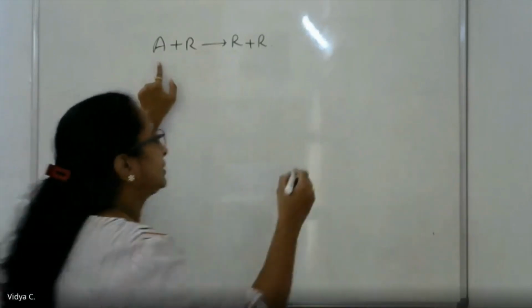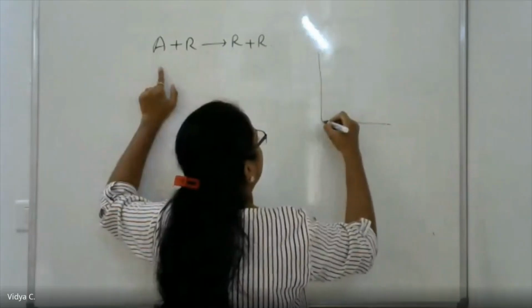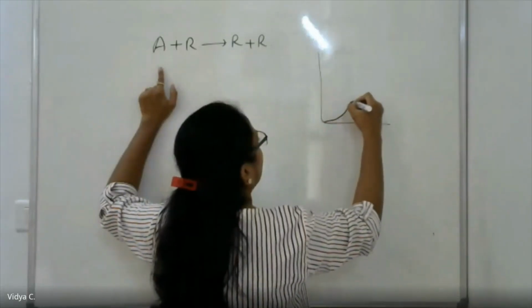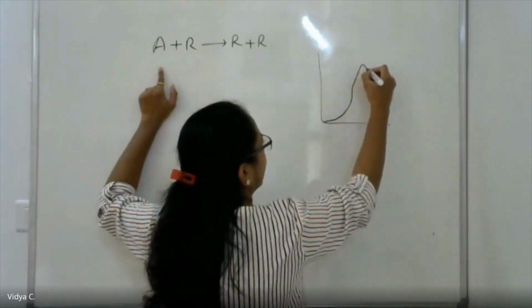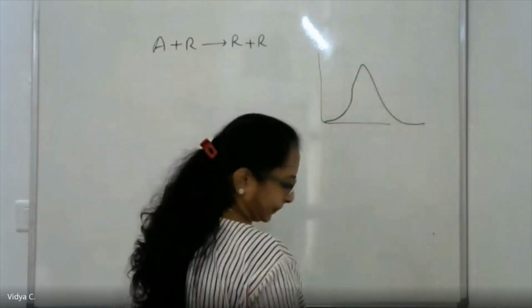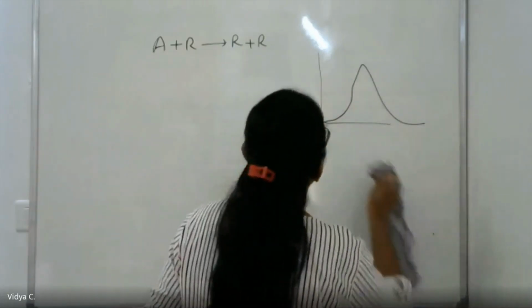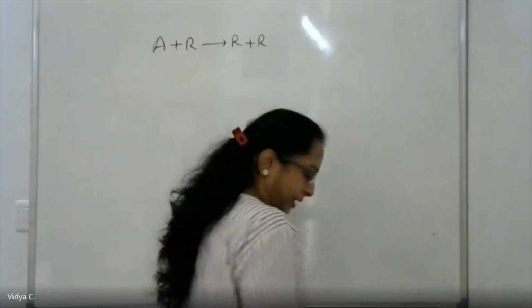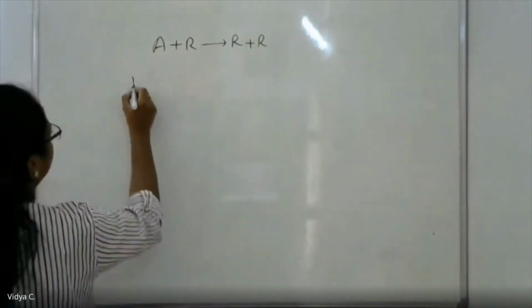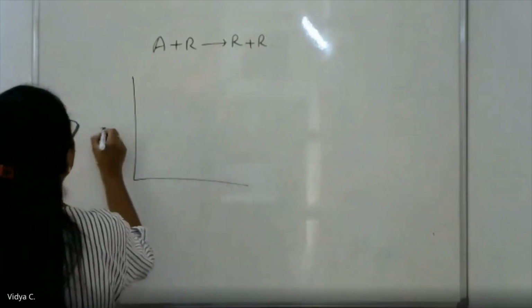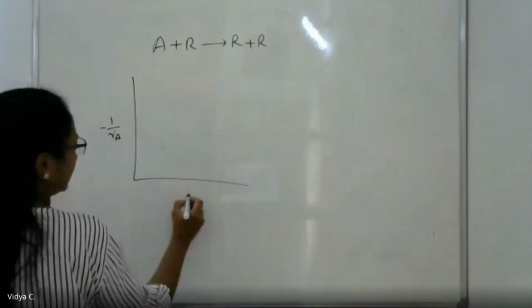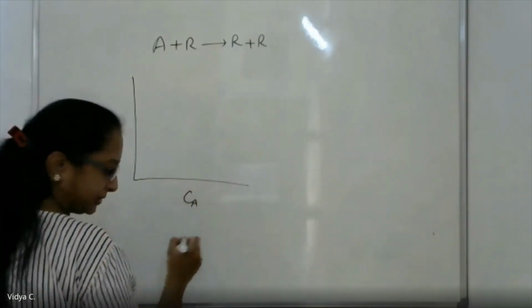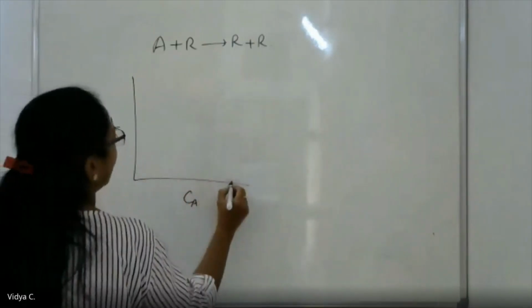So if you are plotting, initially it is very slow, and somewhere it reaches a maximum and suddenly drops down. If I try to show minus 1 by RA, CA naught is fixed.